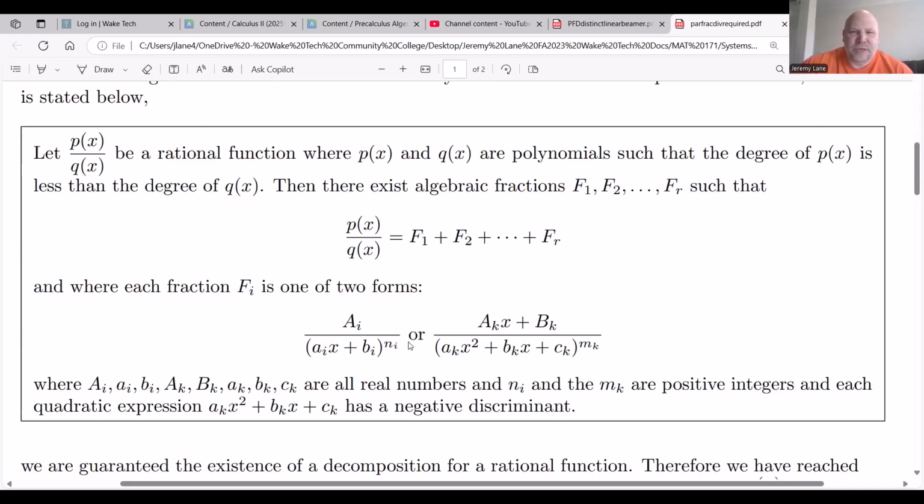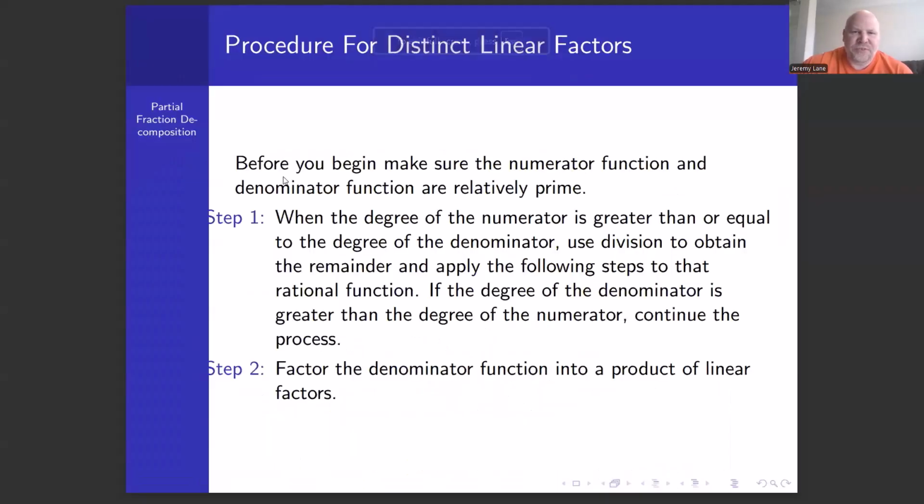So this theorem here, along with our steps for doing the partial fraction decomposition, we'll go ahead and review those really quick. Our first step is to make sure that you are in a reduced form. Then we check the degrees of the numerator and denominator, make sure that the degree of the denominator is strictly larger than the degree of the numerator. Then we factor the denominator into a product of linear factors. This is for the distinct linear case.